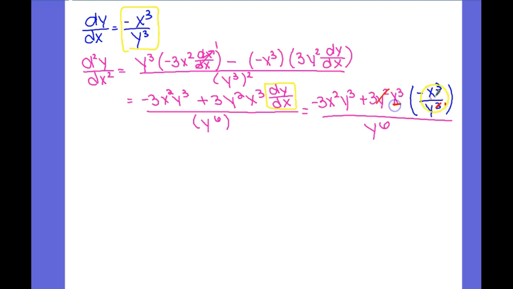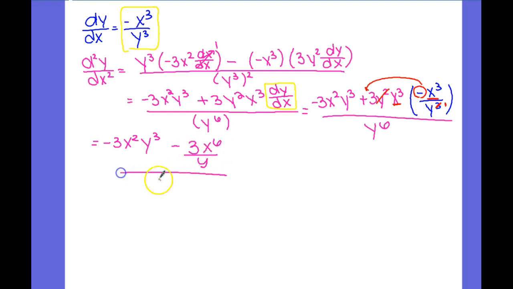We're also going to multiply my like x's together, add their exponents, and this negative is going to come back out in front. So you get negative 3x squared y cubed minus 3x to the 6 over y, all over y to the 6.